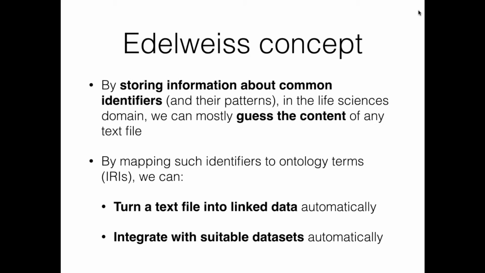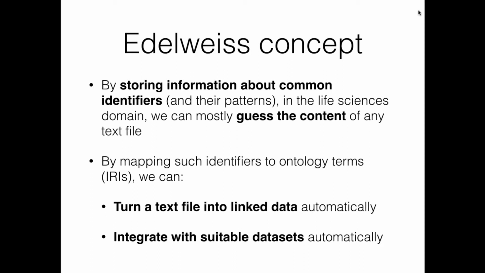And then we map such identifiers, once we have discovered them, to ontology terms, i.e. IRIs. And then we can turn text files to linked data automatically. And we can integrate such a file with suitable external data sets automatically, thus providing a context and thus generating this integrated data set automatically.